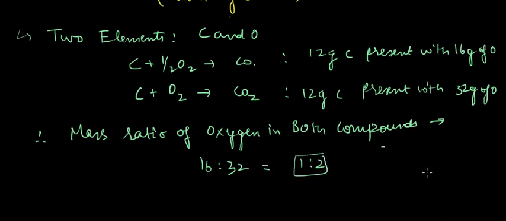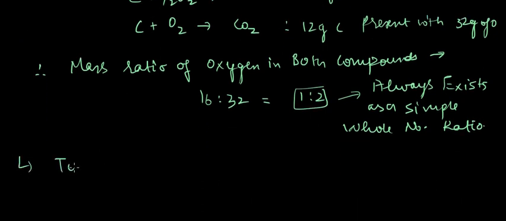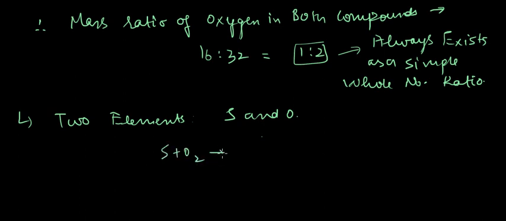So this will always exist as a simple whole number ratio. This is the law of multiple proportions. Let's understand this with a second example. We have two elements, sulfur and oxygen. Sulfur and oxygen combine to form SO2, and sulfur plus 3/2 oxygen combines to form SO3 gas.